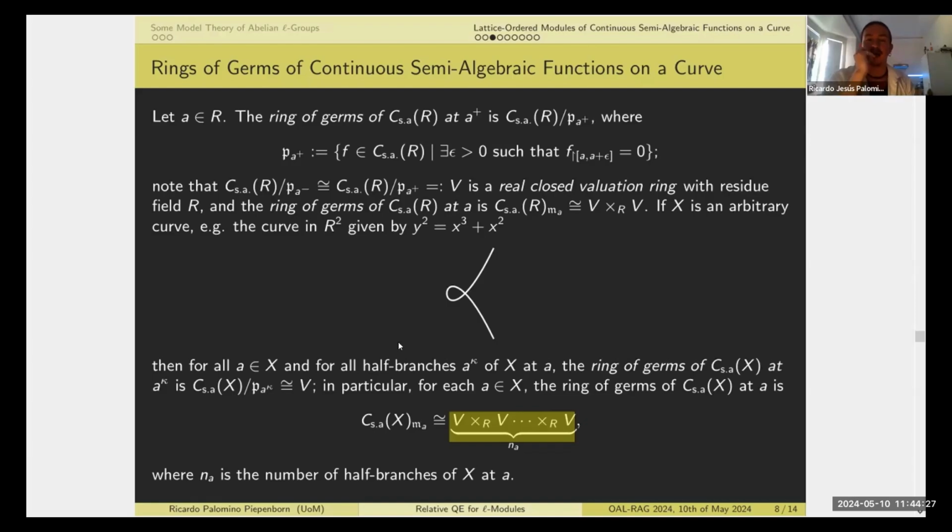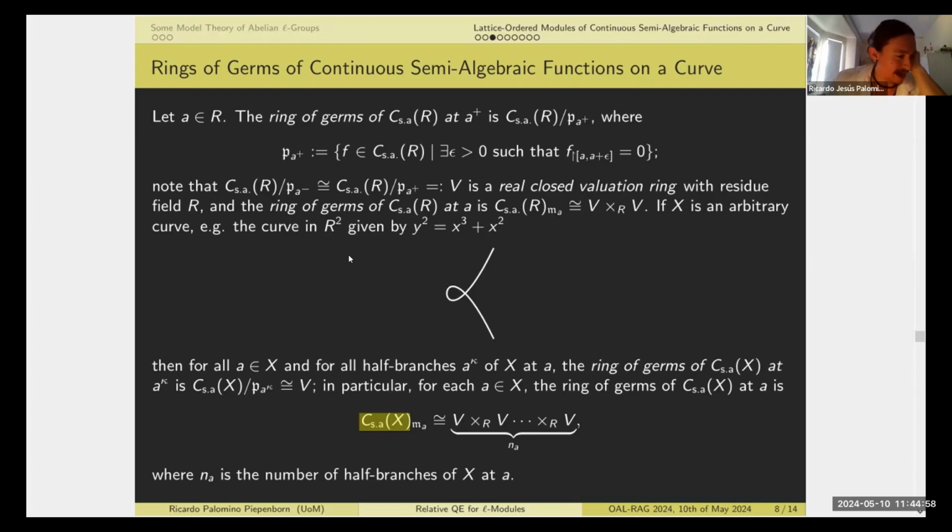I was thinking about how you can extend this technique. The key point is that this ring of continuous semi-algebraic functions on a curve has a particularly nice algebraic description of being a real closed SV ring of finite rank, whatever that means.